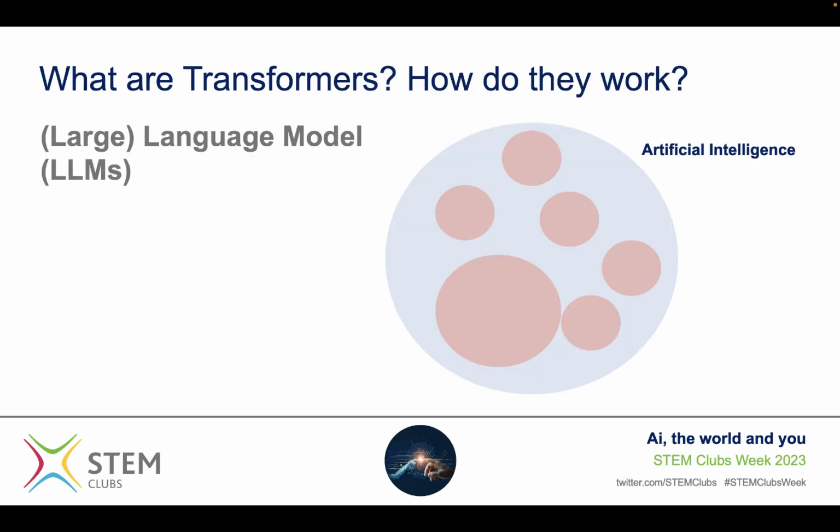So what are transformers and how do they work? If you think about artificial intelligence as this blue bubble here, as this huge area that has many sub-areas, the red bubbles, then one of those bubbles would be natural language processing, and that's where language models are based and where they were developed.